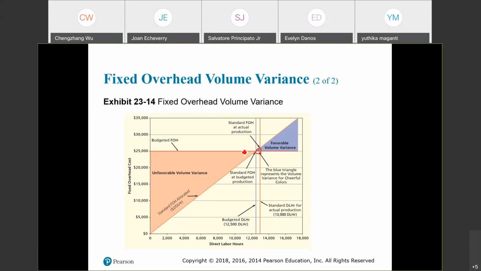So this part represents the volume variance for the company.